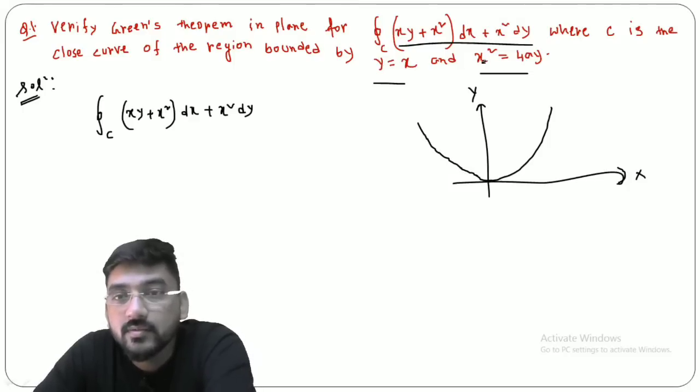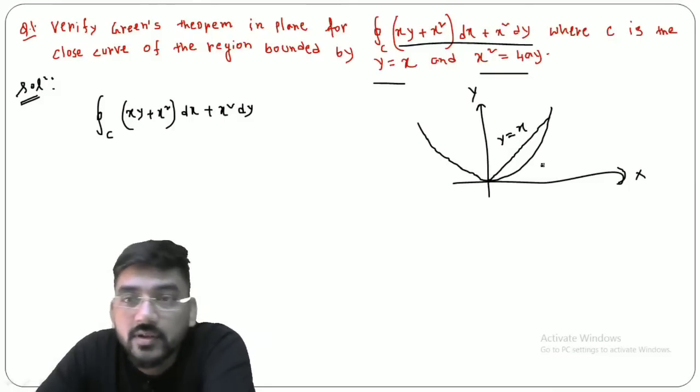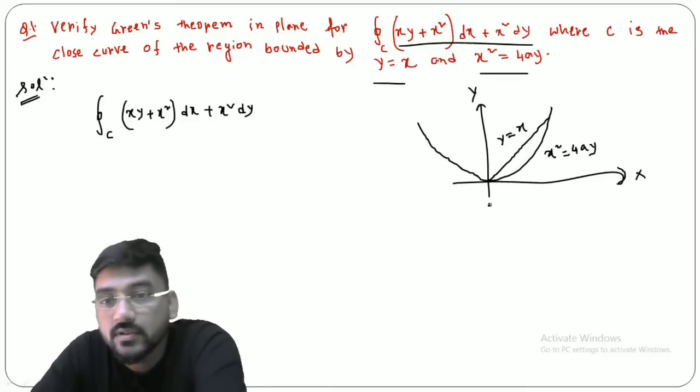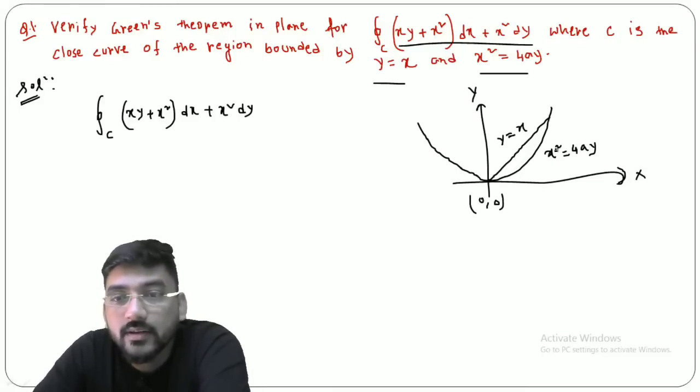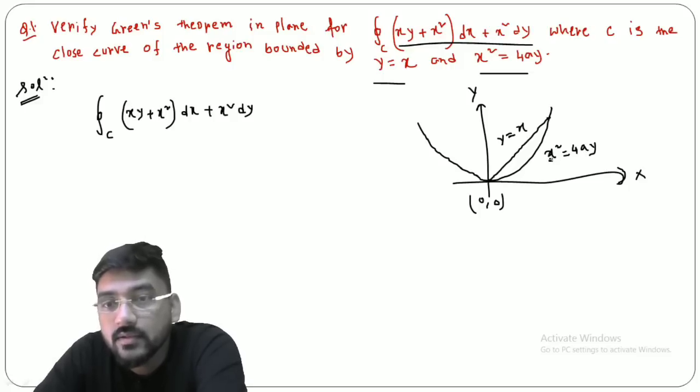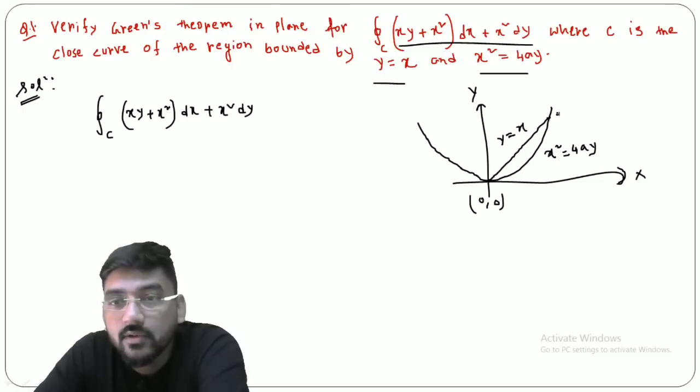The region between x squared equals 4ay and y equals x is this. This is y equals x, the straight line passing through the origin, and this is x squared equals 4ay. This is the 0, 0 point, and the other point is here. If we put y equals x, then y squared equals 4ay, so y equals 4a and x equals 4a. So this point is (4a, 4a).